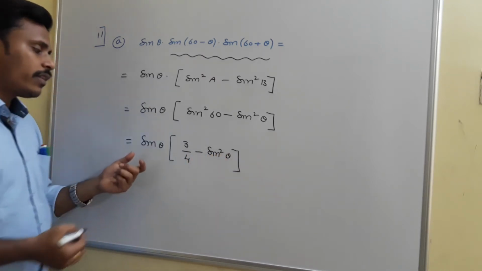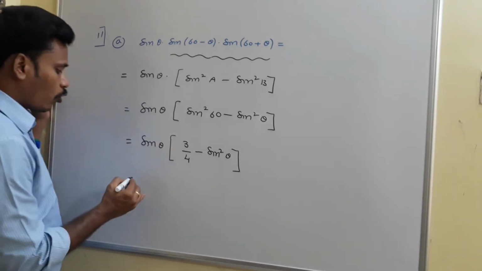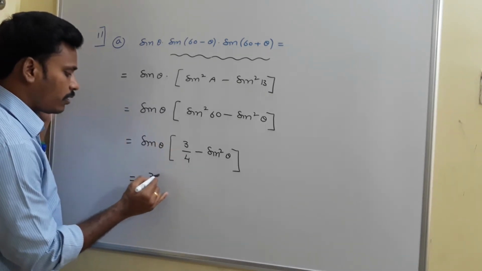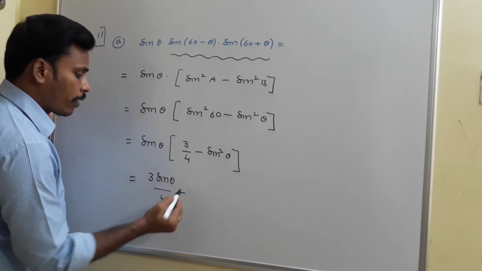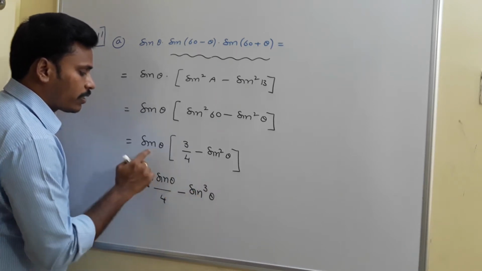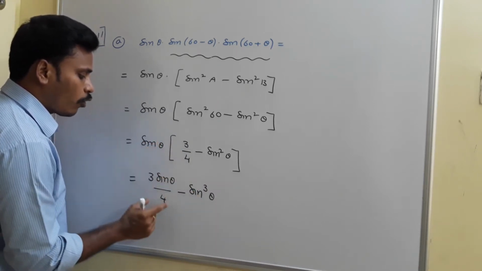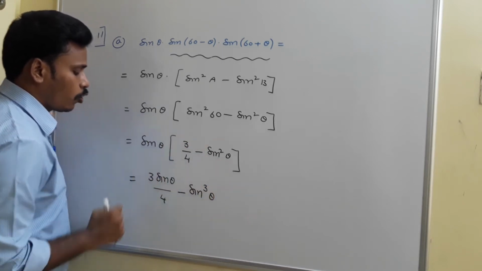And now since sin theta is outside, you just multiply with sin theta and then try to common out that 4 again. You are left with 3 sin theta divided by 4, minus sin cube theta. If you multiply sin theta into 3 by 4, it is 3 by 4 sin theta, and sin theta into sin square theta is sin cube theta.